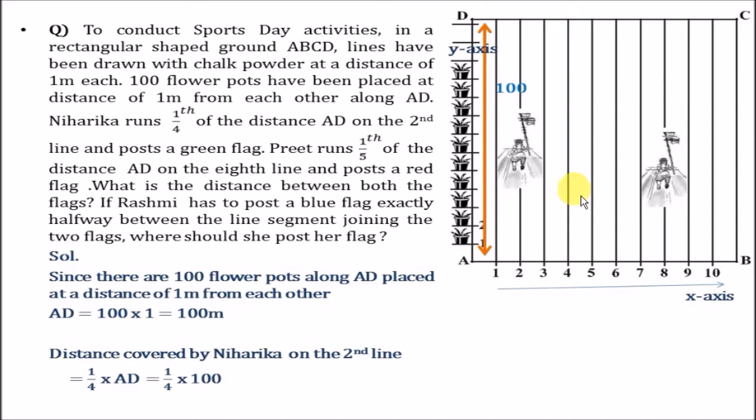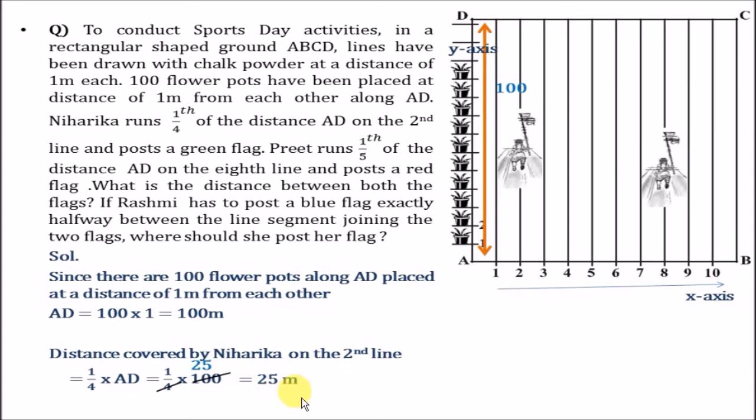Now first up, Niharika is running on the second line 1/4 the distance of AD. The distance covered by Niharika on the second line will be equal to 1/4 times AD, 1/4 into 100. 4 ones are 4, 4 25s are 100. That is 25 meter.